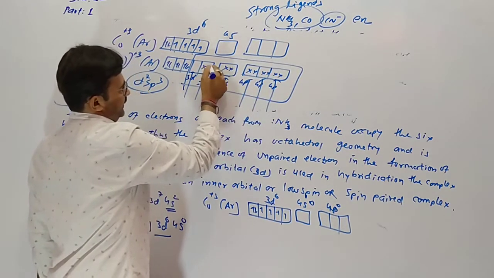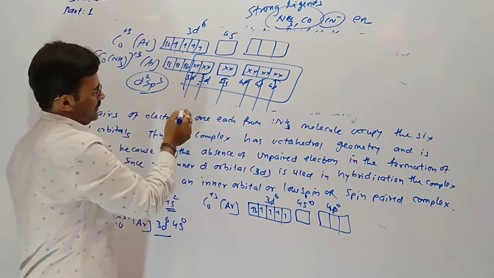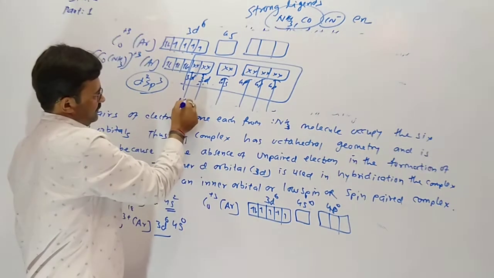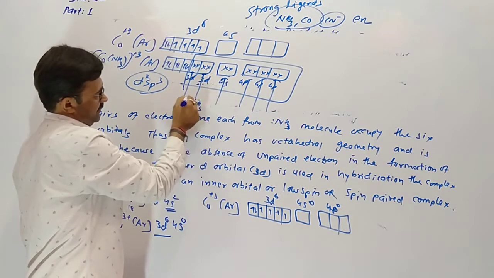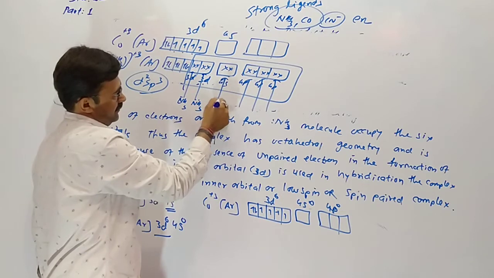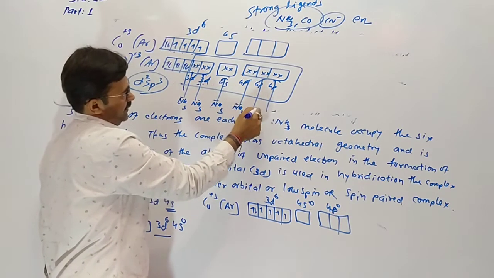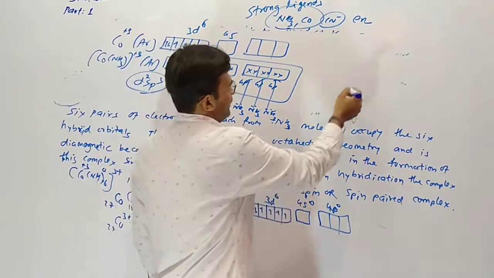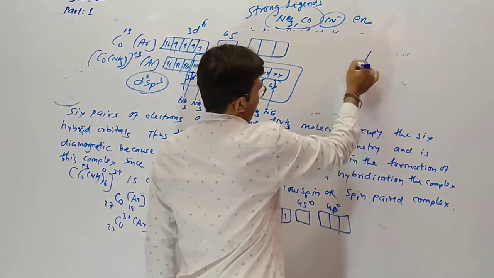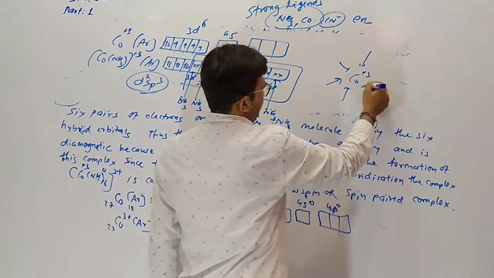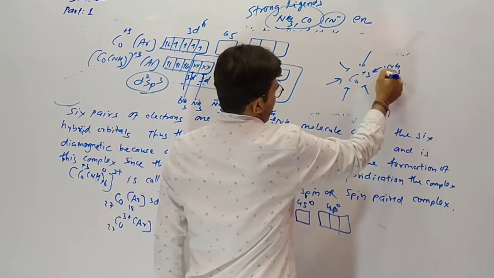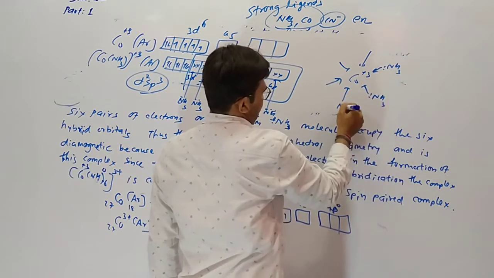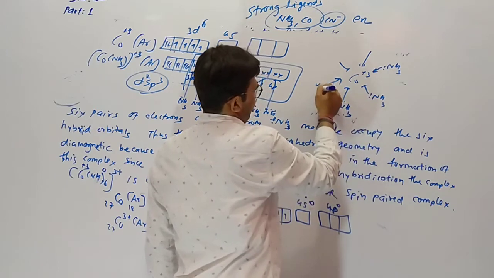Here the vacant orbitals of cobalt and the filled orbitals of amine overlap, combine with the metal, and form 6 coordinate covalent bonds like this. So the geometrical shape is now octahedral.